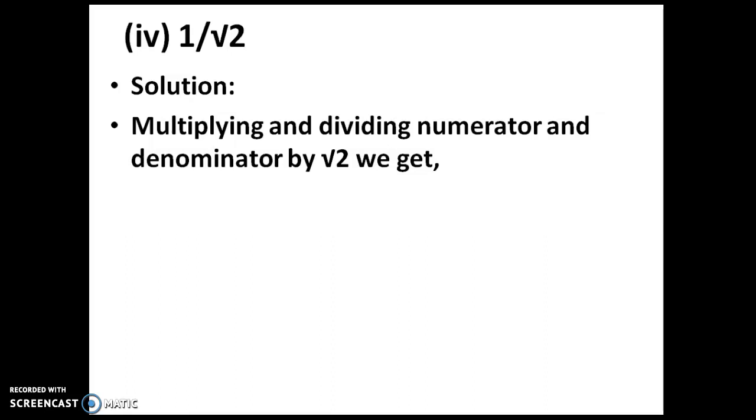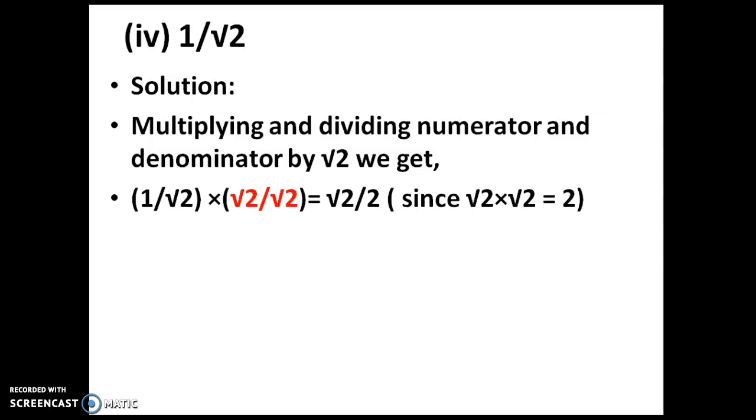This way of doing it is called rationalizing. Similar problems will come at the end of this exercise. We rationalize so that the calculation becomes easier. Whenever you multiply and divide by the same number, it equals 1 only, so there is no problem in doing that.